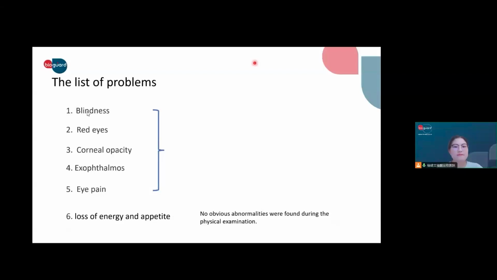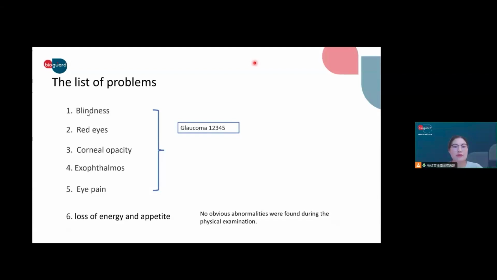Then, what diseases could you think of that have all of these symptoms or a few of these symptoms? What diseases could you think of? The first one that comes to mind should be glaucoma. Glaucoma could have all these 5 symptoms.